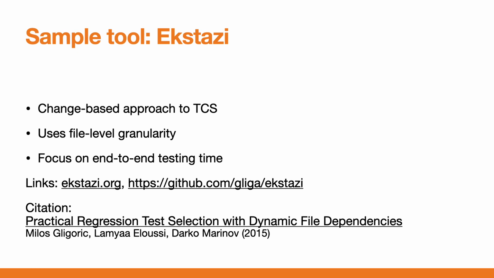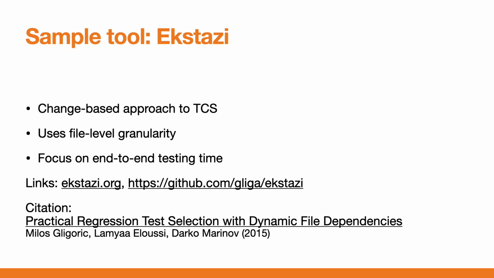For our purposes, we have used a tool called Ekstazi, which is a change-based test selection tool. And it uses file level granularity. What it means is that whenever any source code file is changed, it will select all tests that have to do with that source code file somehow.